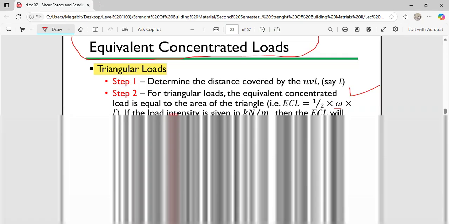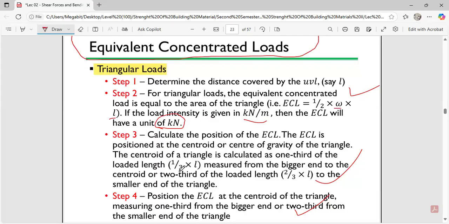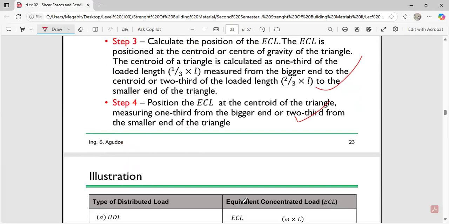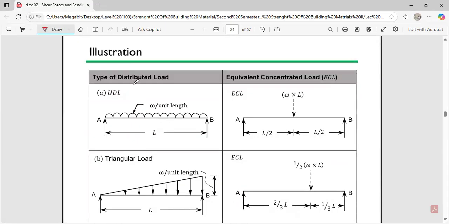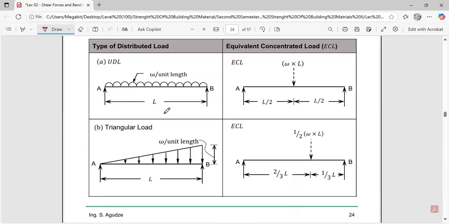After that, you only come and draw your diagram and indicate the position which you have calculated on it. So this is an illustration of what I have been talking about. This is the UDL, and this is also a triangular load.